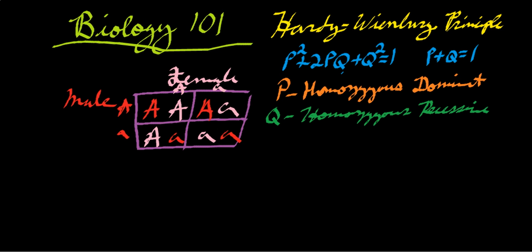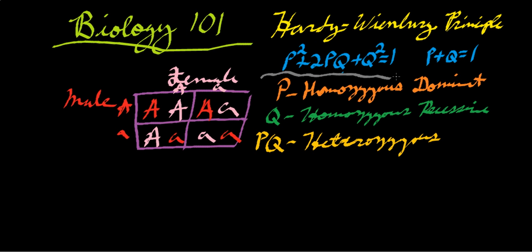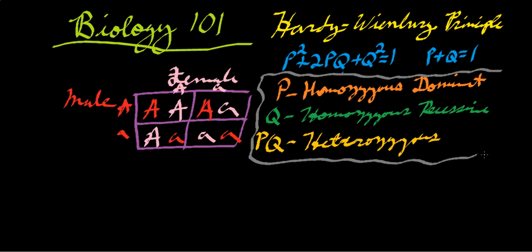And lastly, we'll put this together as P and Q, representing your heterozygous. Alright, so from this, how did they get the equation?